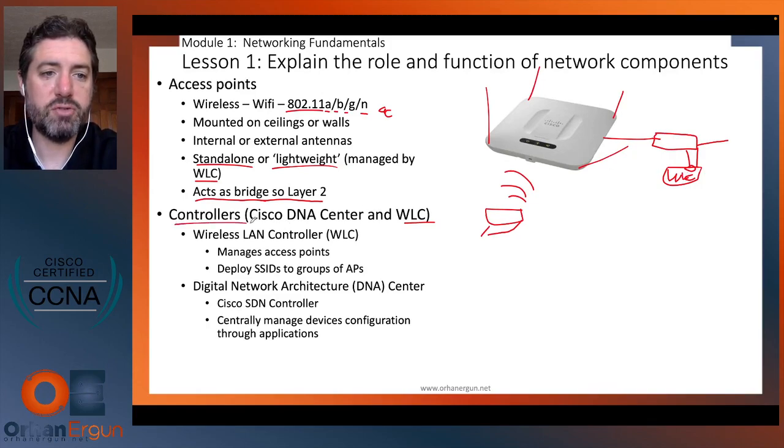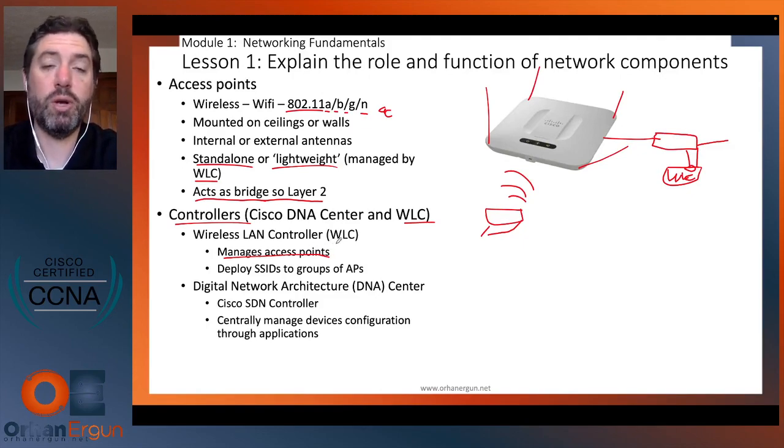So next, controllers. We have 2 of them listed here, Cisco DNA Center and WLC. The WLC is wireless LAN controller, so it manages your access points. So if you're in an environment where you just need to deploy one access point, you probably don't need a WLC.